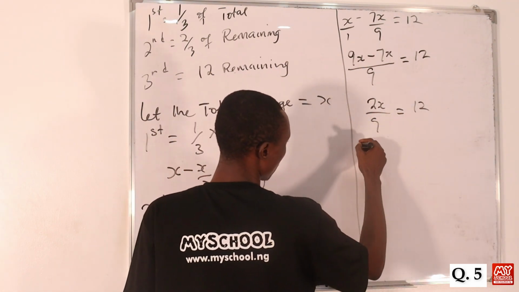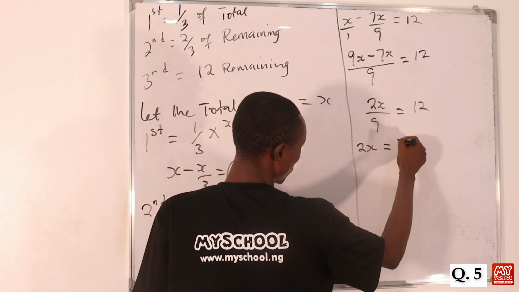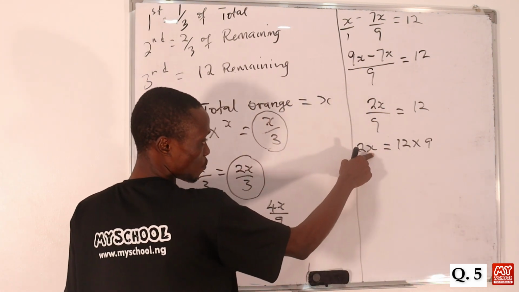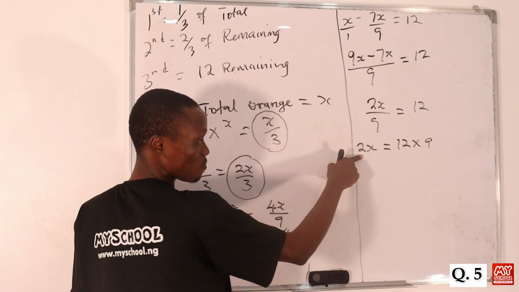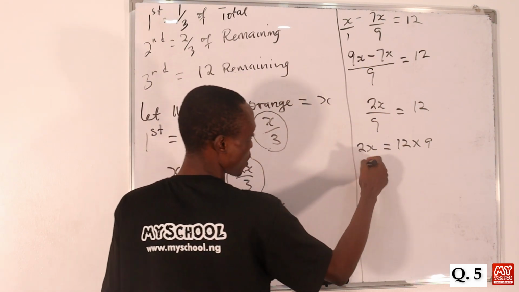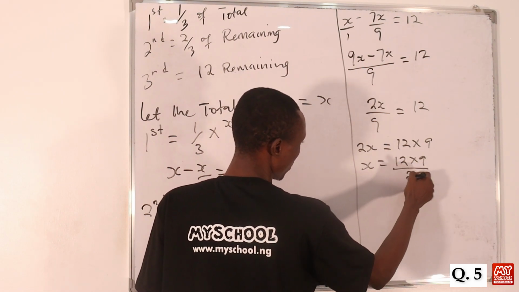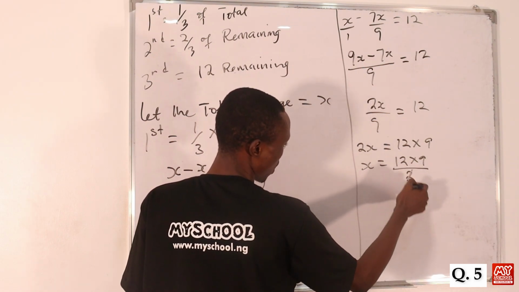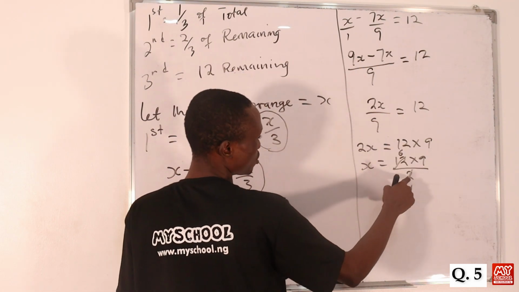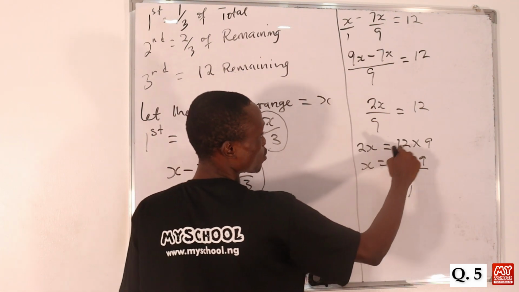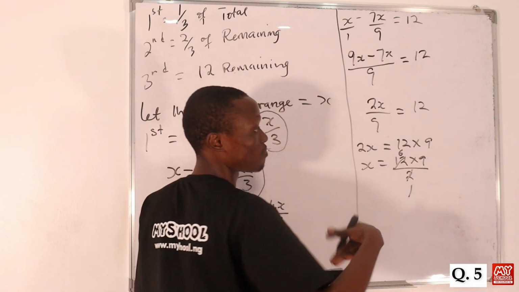If we cross multiply, we have 2x equals 12 times 9. Since we are looking for the value of x, we can divide both sides by the coefficient of x, which is 2, so that x equals 12 times 9 divided by 2. So 2 here is 1 and 2 here is 6. Now don't use the 2 to divide the 9, okay, because normally we are supposed to multiply this out, then divide the result by 2.